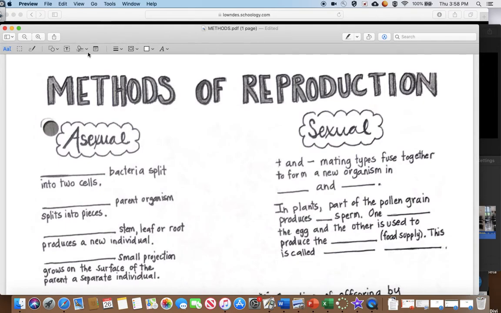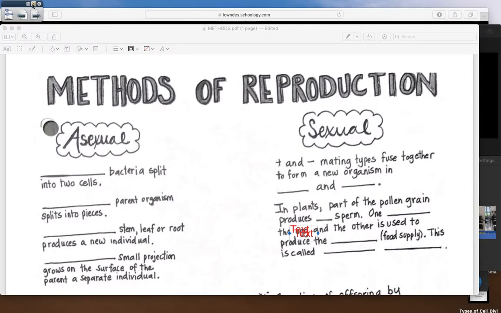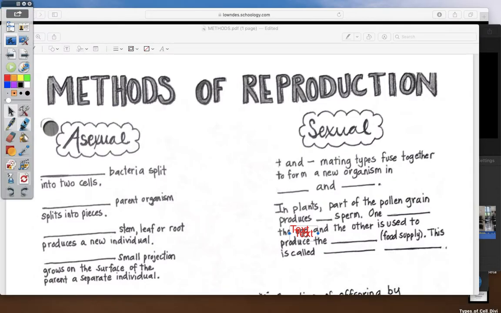So anyway, I'm going to try to type it on there. So it might take just a second to do it. But anyway, all right, so asexual reproduction. These are the different examples of asexual reproduction. The first one, I want you to pay attention to the fact that it says bacteria, okay, because that's specific. This type is specific to bacteria.